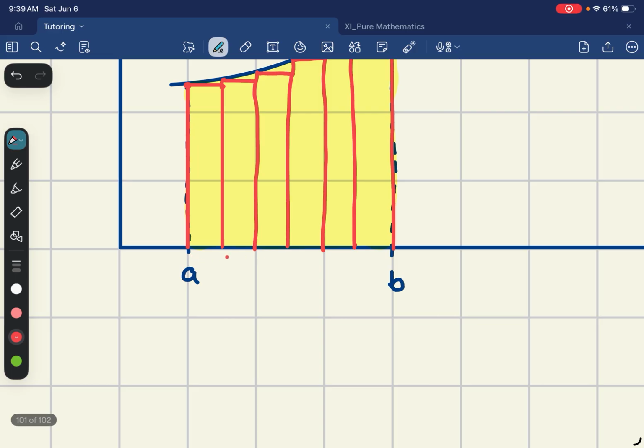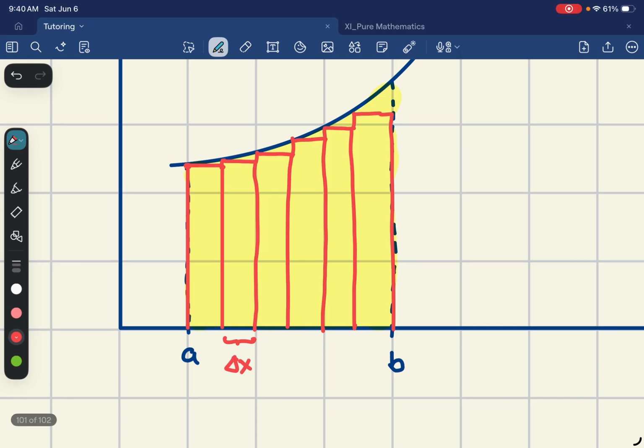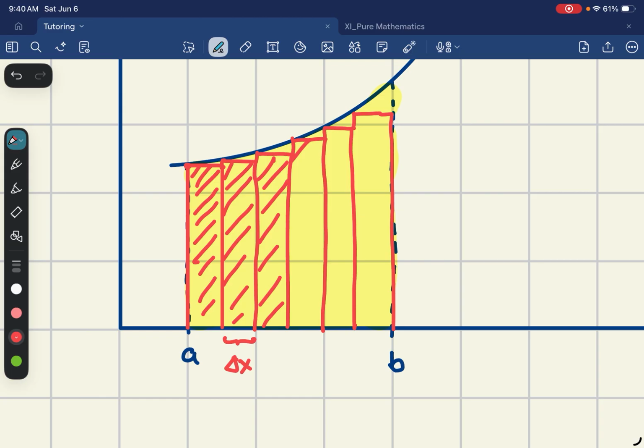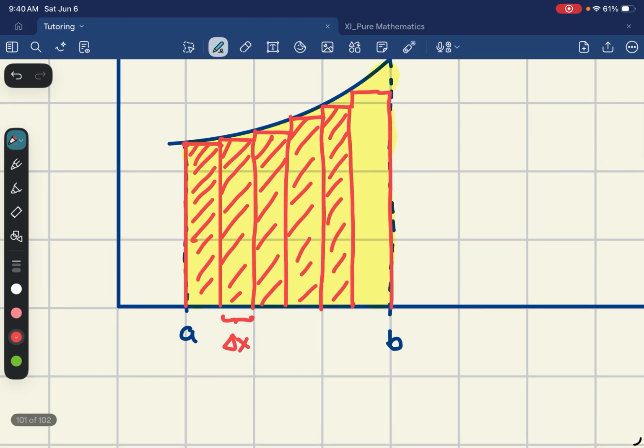So let's say that each width of the rectangle is this delta x. Delta x means change in x. That is the width, and assuming all rectangles have the same width. So we will say that the area of the pink region that we have made using the rectangles is going to be our area under the curve.